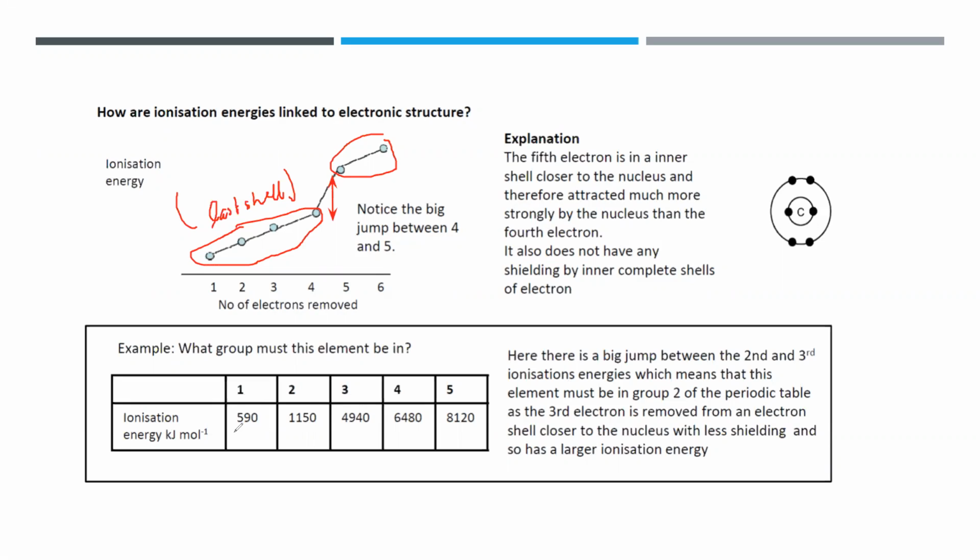And you can see 590 approximately. This is double, 1100, 4500 and 4940, then 6400. And then when you find a big jump between them, it shows a greater difference, so the shell changes. Whenever there's a change in the shell, you can identify the number of electrons in the last shell.